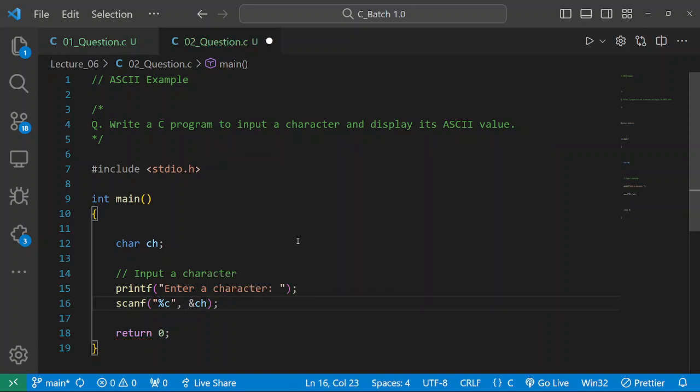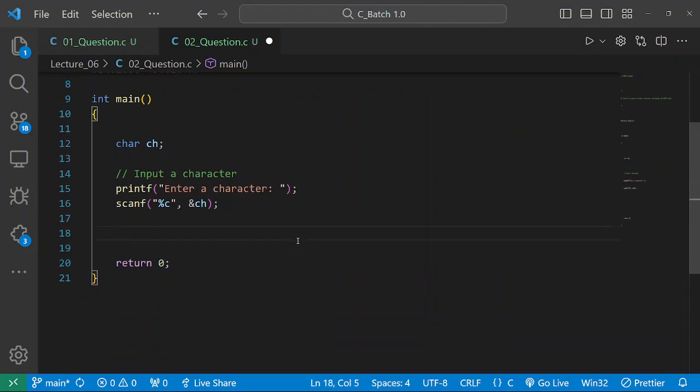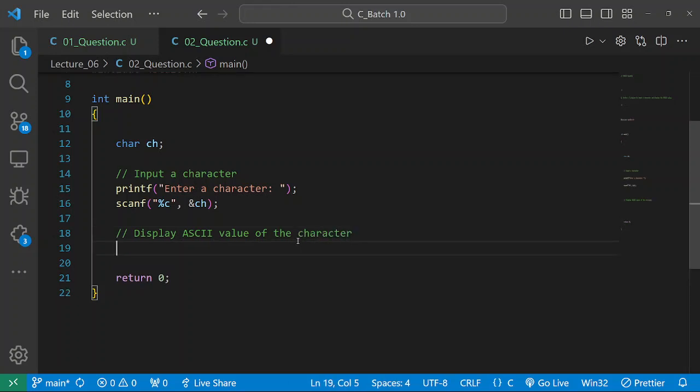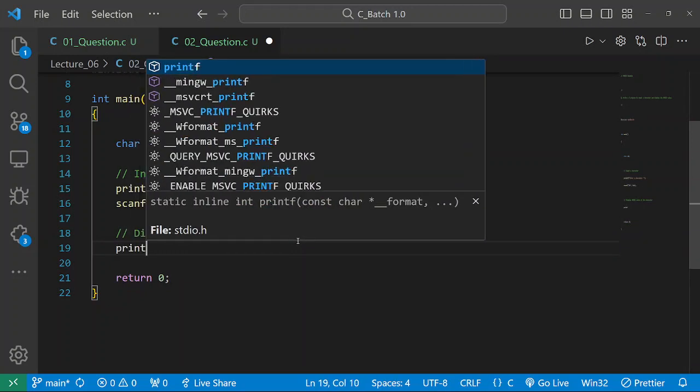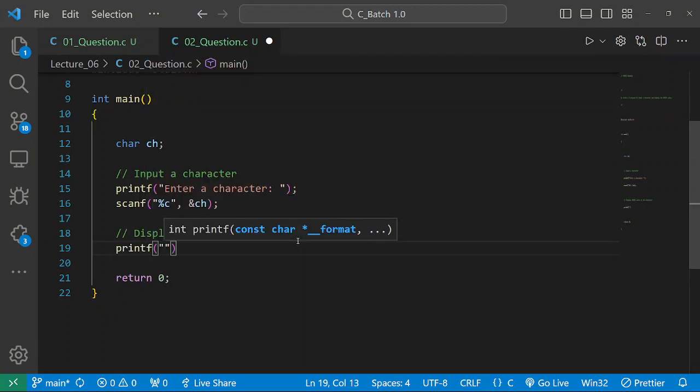After this, I am writing a simple printf statement to display the ASCII value of the character. Please keep your attention here now.